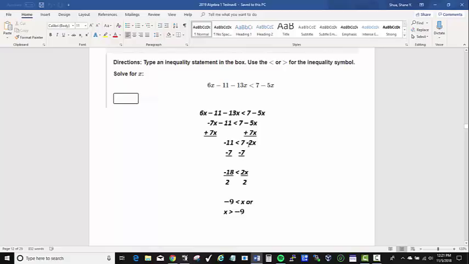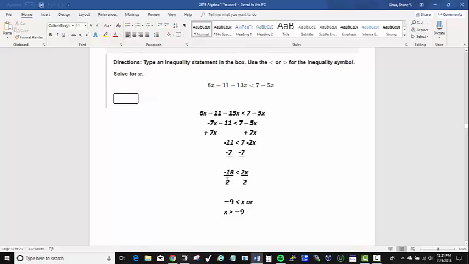Plus 2x. I don't know why I wrote a minus 2x. That's plus 2x. Then, if I simply put minus 7 on both sides here, then I have a negative 18 divided by 2x.